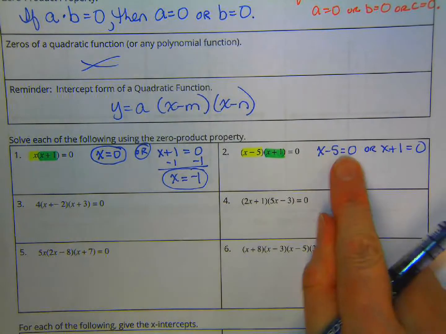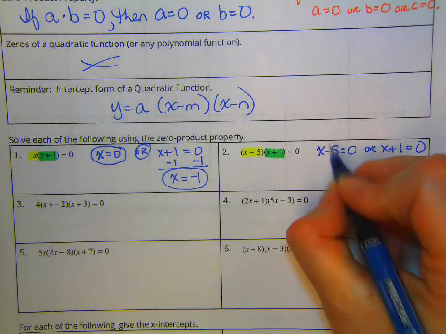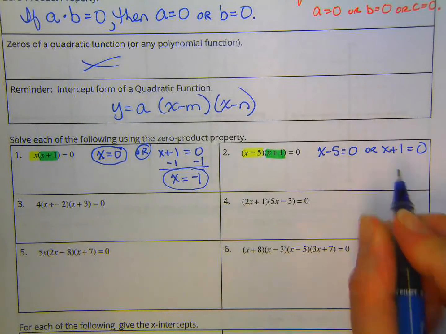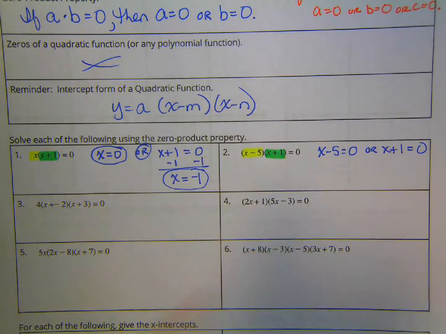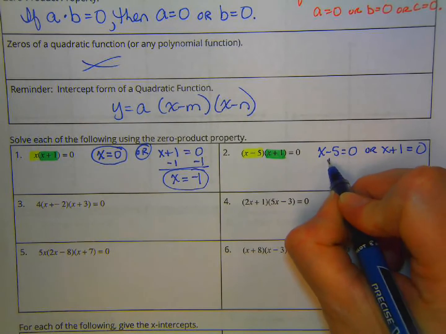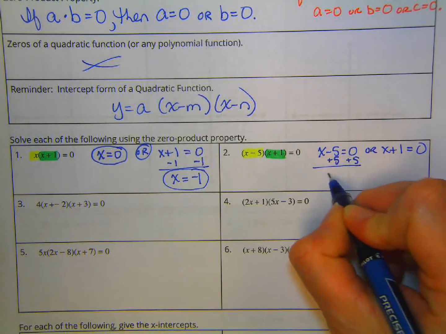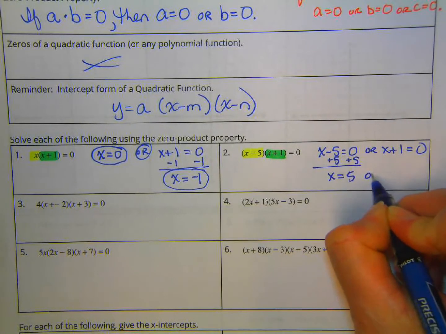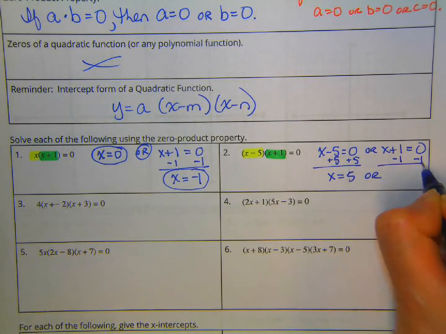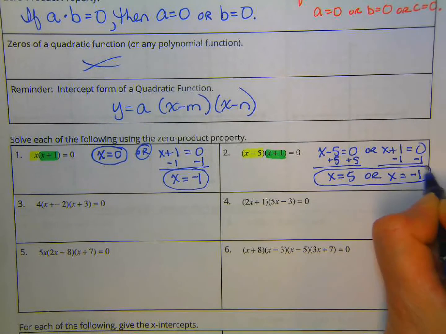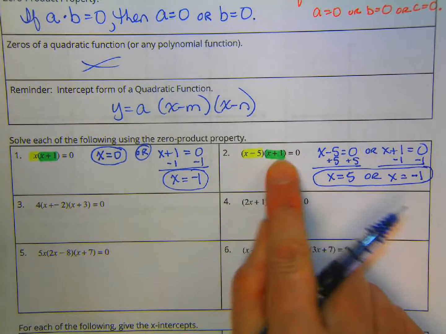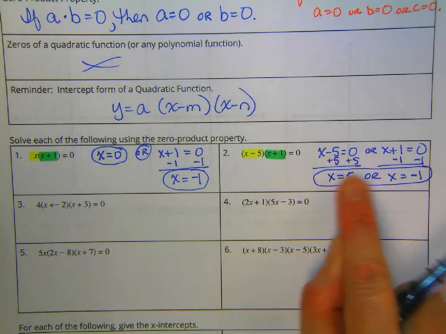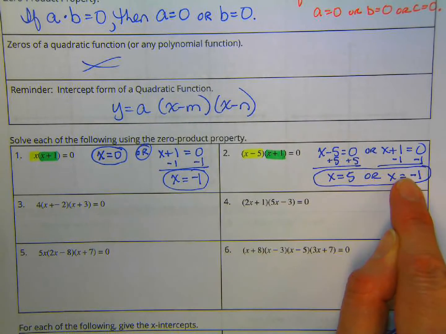Some of you can answer these without showing this work, but I do want to see the work for number 4 in particular. Add 5 to both sides. x equals 5, or subtract 1 from both sides. x equals negative 1. There's our solution. And that means if this was set equal to y, these would also be the spots where it crosses the x-axis.